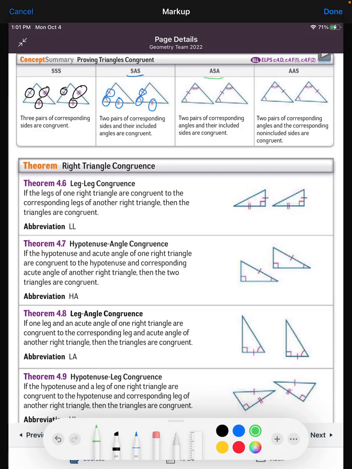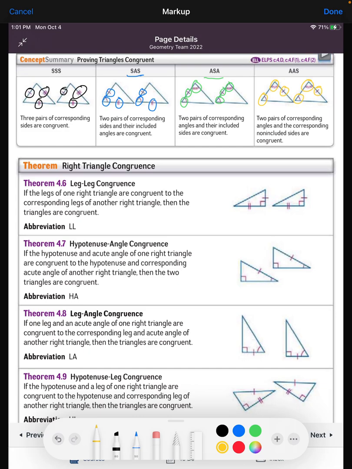We've looked at angle side angle, where we have an angle, a side, then an angle, equal to another angle, side, angle. And then we have AAS, angle, angle, side, where we see an angle, angle, and the non-included side equal to an angle, angle, and non-included side. And anytime we see those, we can say that the 2 triangles are congruent to each other.